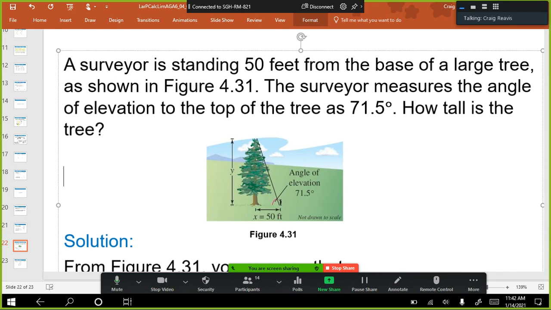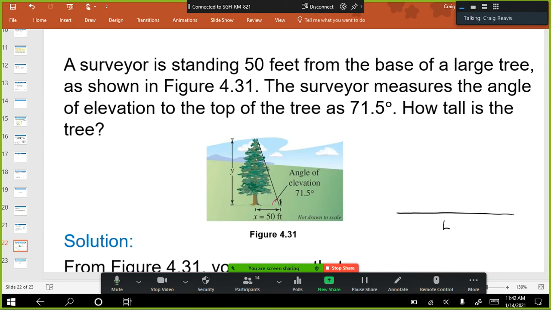How tall is the tree? So what we've got here is we're 50 feet from the tree. Here's the top of the tree. And then we know this angle of elevation right here is 71.5. And they're wanting to know how tall is that tree, right?